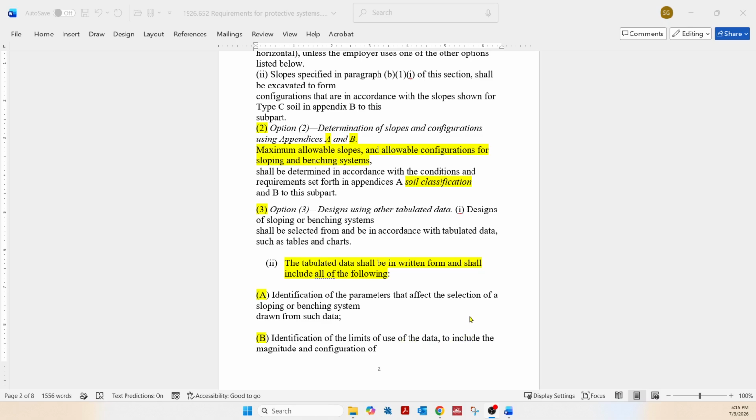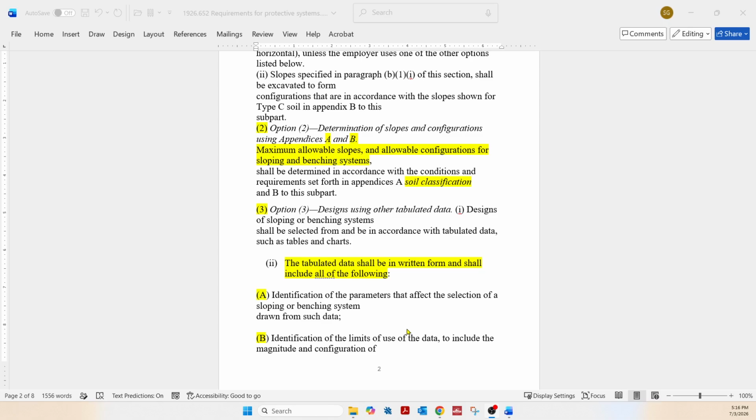Now, question 7, option 2 under paragraph C states design of support systems, shield systems, or other protective systems that are drawn from manufacturers' tabulated data shall be in accordance with all specifications, recommendations, and limitations issued or made by the manufacturer. What must the employer do prior to deviating?